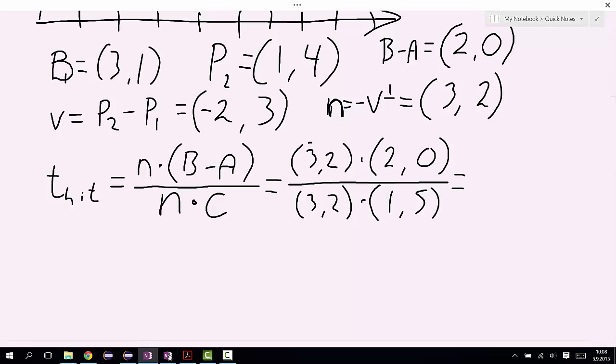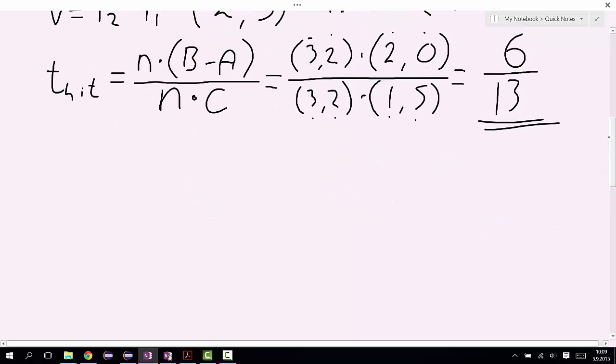Okay, so 3 times 2, 6, plus 2 times 0, so that's simply 6. Here we have 3 times 1, which is 3, plus 2 times 5. That's 10 plus 3, that's 13. Okay, so 6 by 13. Let's just leave it at that.